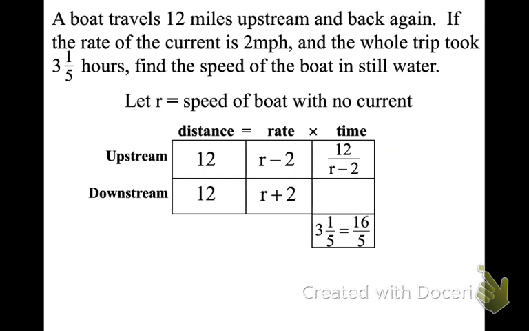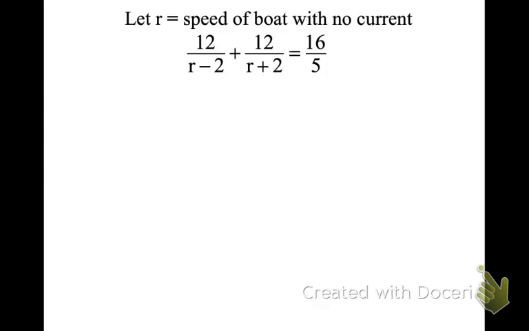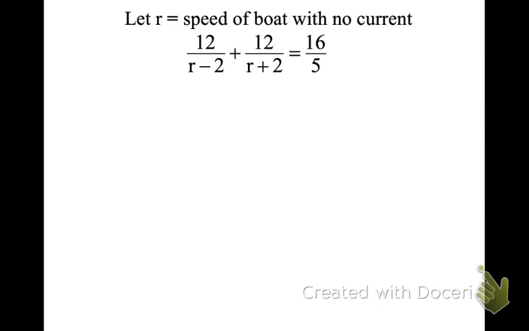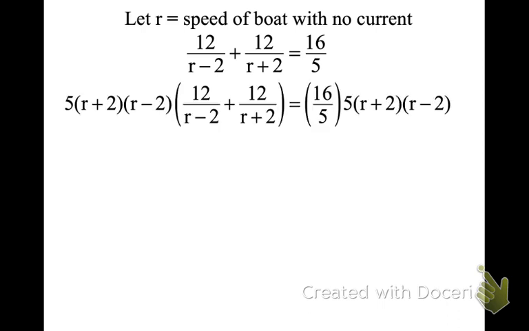Okay, we're going to go to that equation, and now we're going to solve it. I have to multiply by r minus 2 and r plus 2 and a 5. That's my least common denominator. When I distribute here, the r minus 2 clears, and I'm left with 12 times 5 times r plus 2.